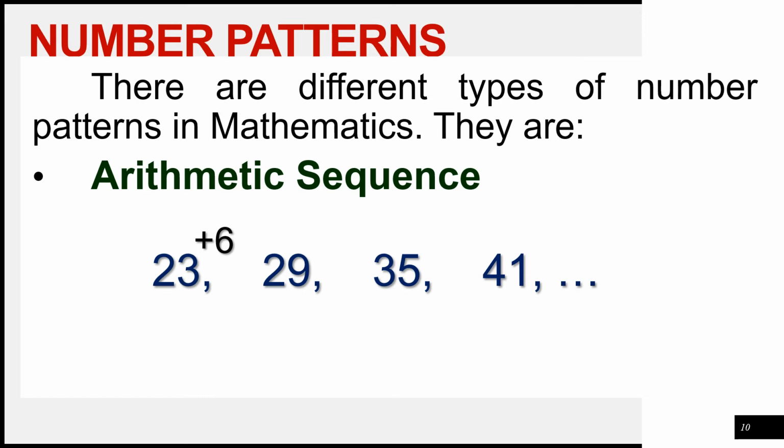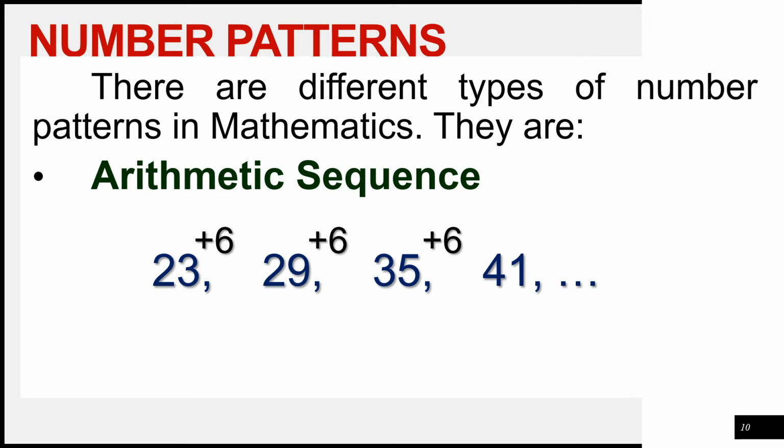In this case, we have 23 plus 6, it becomes 29. For us to get the next term, which is 35, we need to add another positive 6. And to get to the next term, 35 must be added positive 6 to get 41. And so on. To get the next terms on this sequence, you will need to continuously add positive 6.